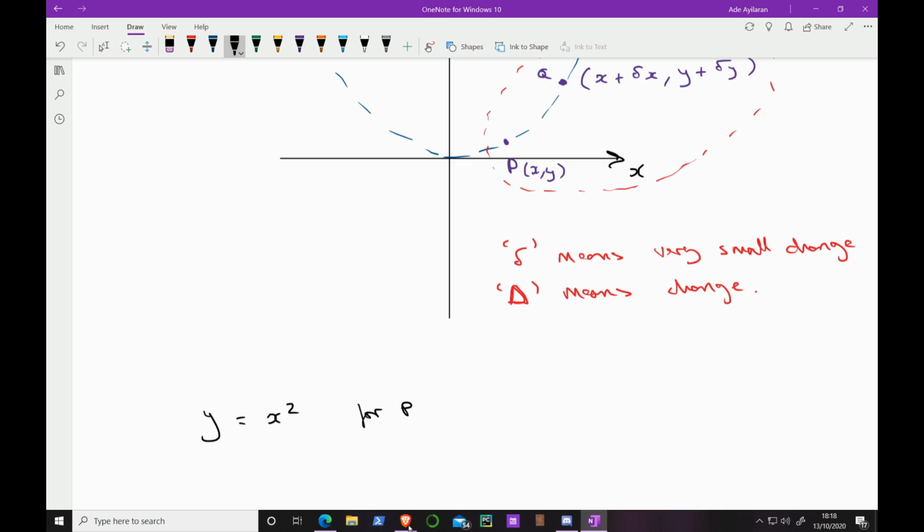So for Q, rather than simply X, we have X plus delta X. So that's another big clue. How should we change this equation to represent Q?